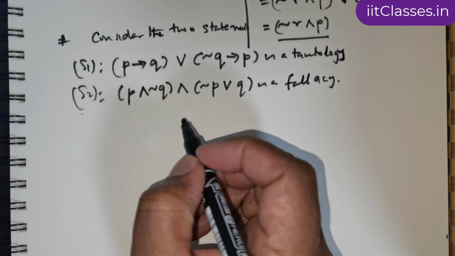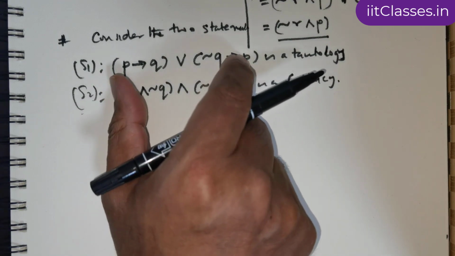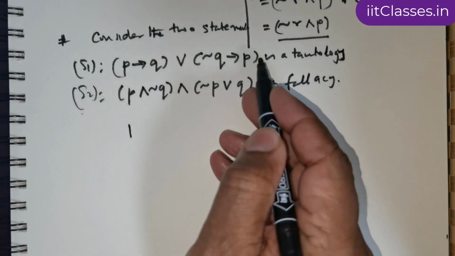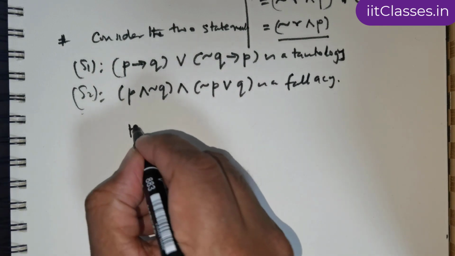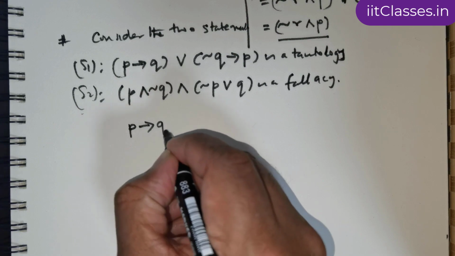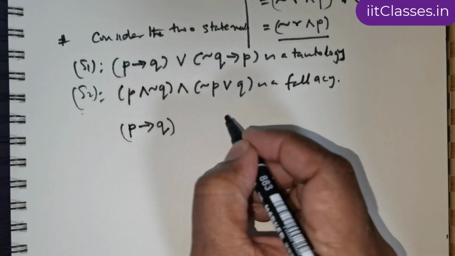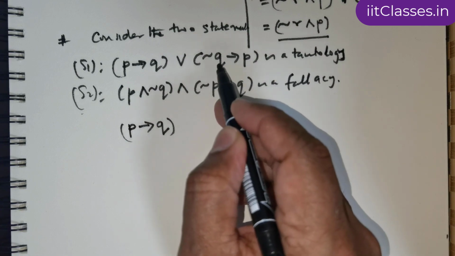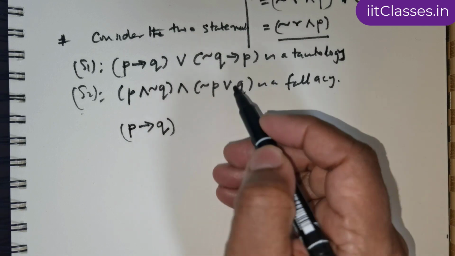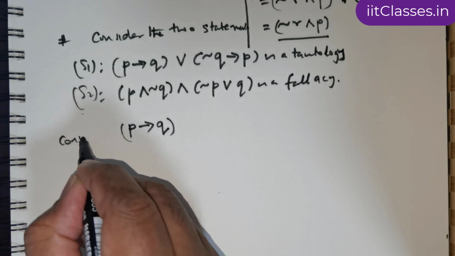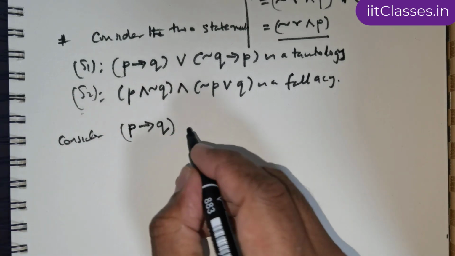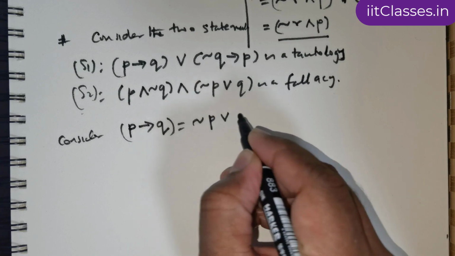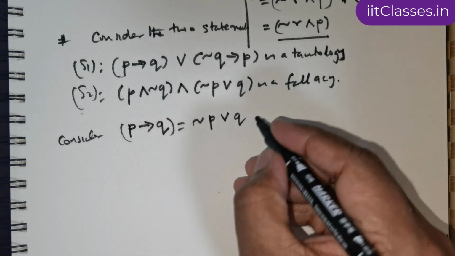Now what I wish to do is, I would like to start off by validating the first statement. We've been given P conditional Q and we got a disjunction with the negation of Q conditional P. Now let me just consider this P conditional Q. Now P conditional Q is nothing but negation of P disjunction Q. This is the formula.